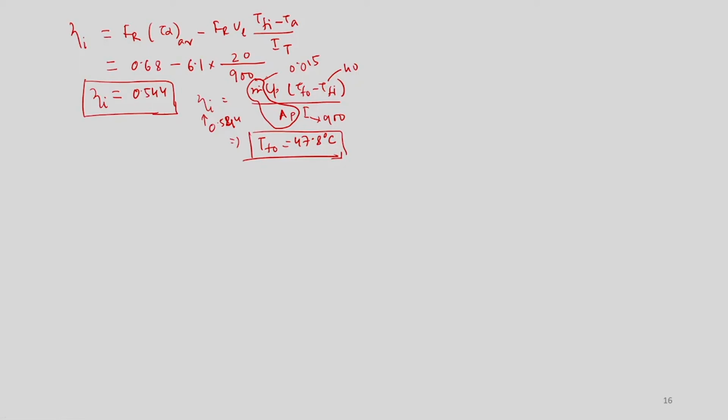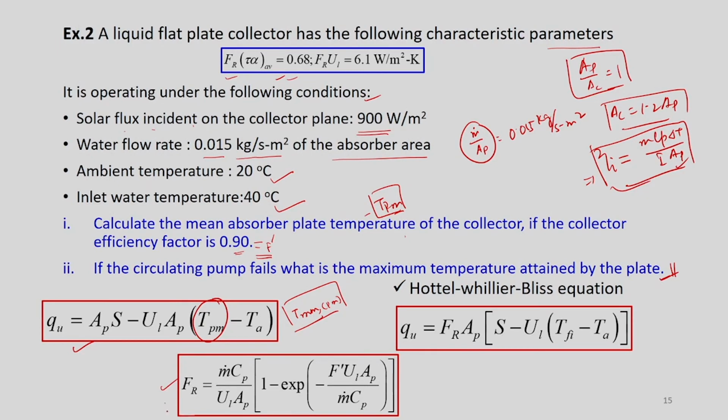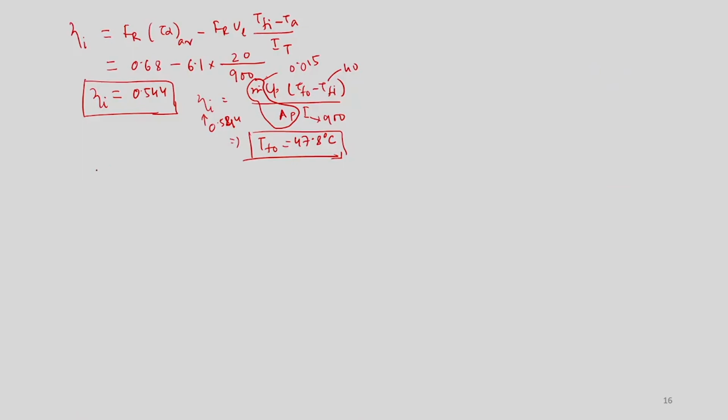And also we know the expression for FR, which is given in the last slides. This is the expression for FR. So, FR is something like M CP, then you have UL, then AP, and then 1 minus exponential of minus F dash UL AP divided by M dot CP.